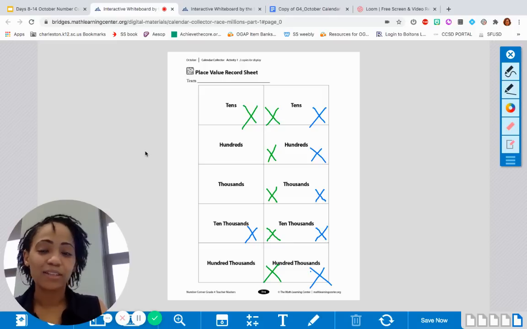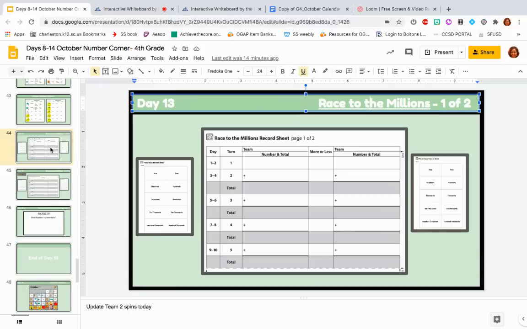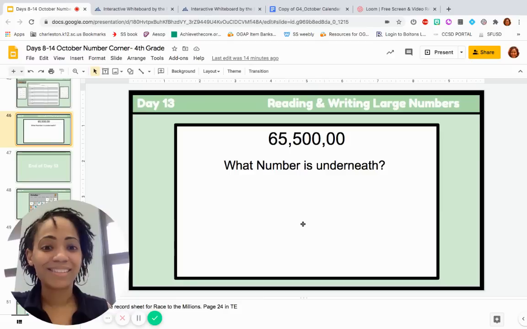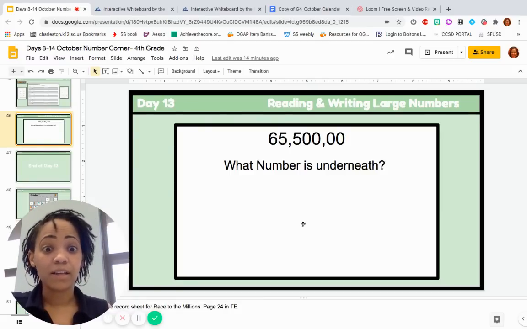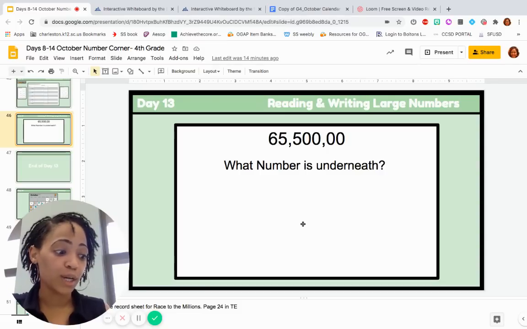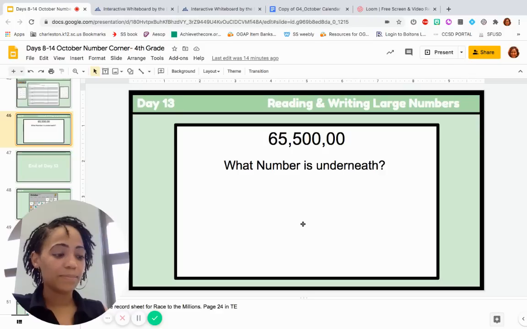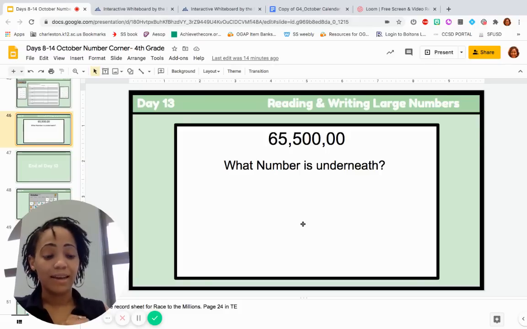Because they're extinct, scientists have to rely on fossils and other evidence to learn more about them. Scientists estimate that dinosaurs died about, let me show you the number, 65,500,000 years ago. It's hard for scientists to get more specific than that, but 65,500,000 is a good round number to approximate when dinosaurs died out.